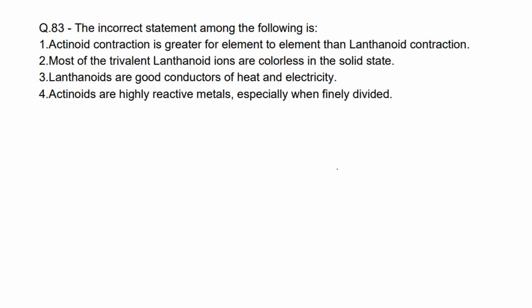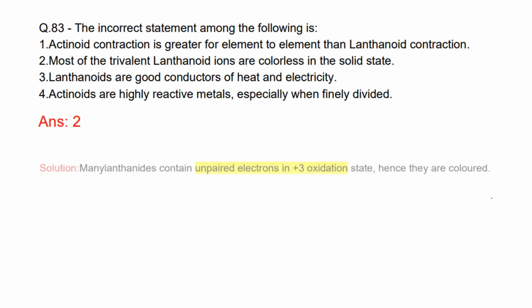So they are colored compounds. Lanthanides are good conductors of heat and electricity, which is correct because they contain unpaired electrons. And actinides are highly reactive metals, especially when finely divided. That is also right. So the second statement is the incorrect statement. So for question number 83, option 2 is the right answer.